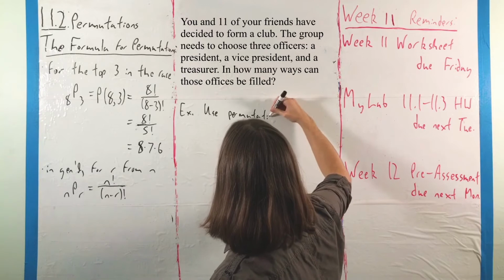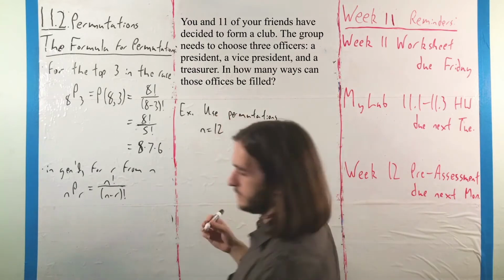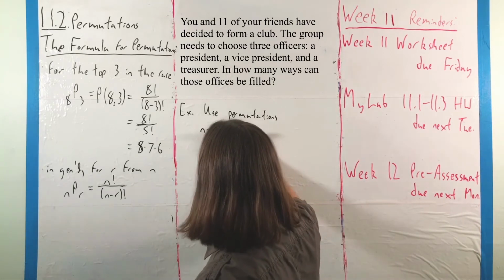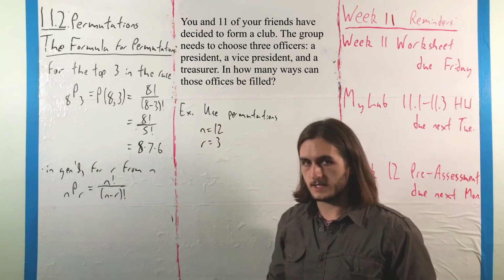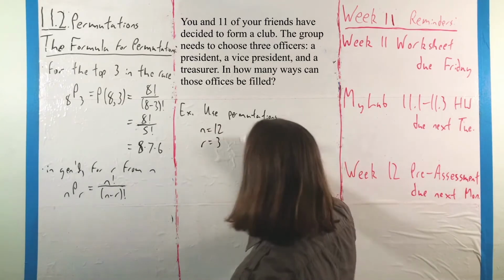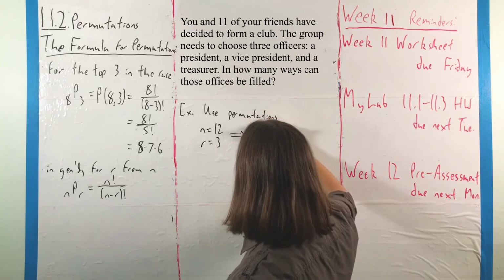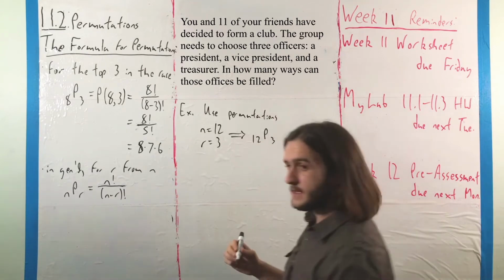where we have n equals 12 people in the club, you and your 11 friends, and r is for our 3 offices, the president, vice president, and treasurer. And what we're going to do is permute these 3 roles from the 12 people.